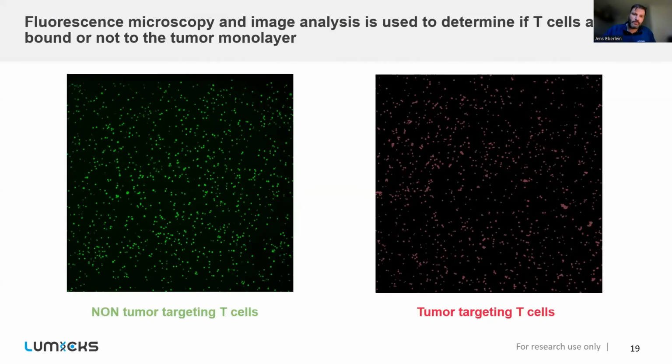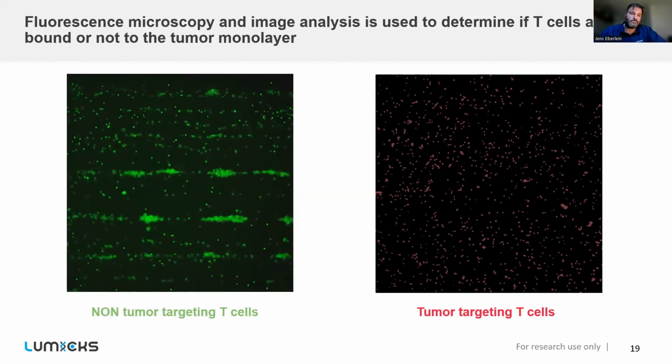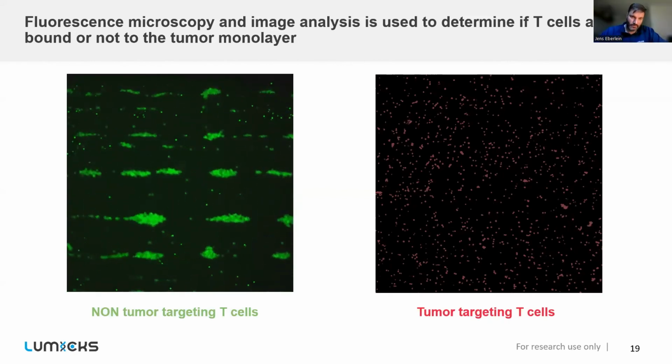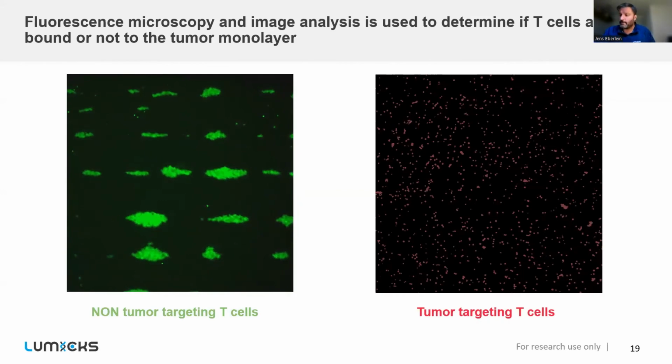So we move on. This is a top-down view of the field of view that the instrument is analyzing. We aim for about 400 effector cells in the field of view that we are tracking. On the left-hand side is a negative control, non-tumor targeting T cells. When we apply the force, you can see how the cells are lifted off from their original position and accumulate in these acoustic nodes.